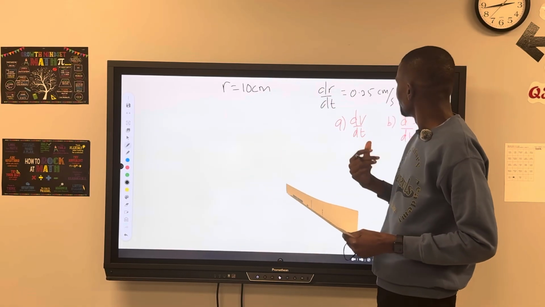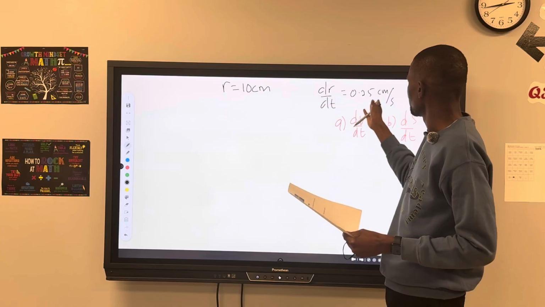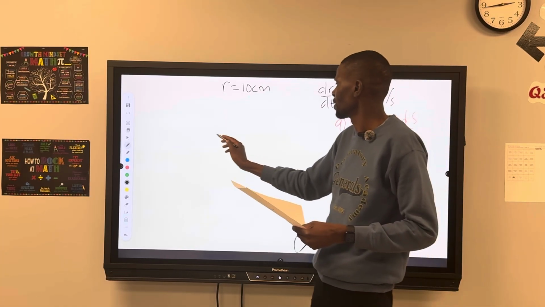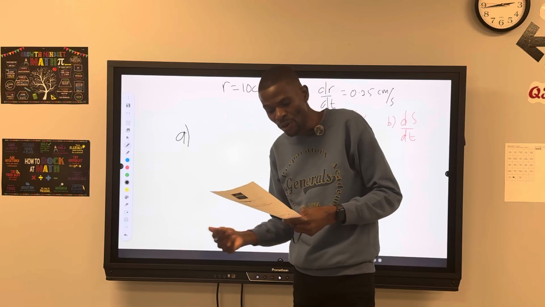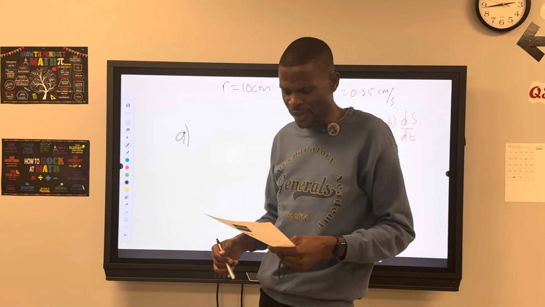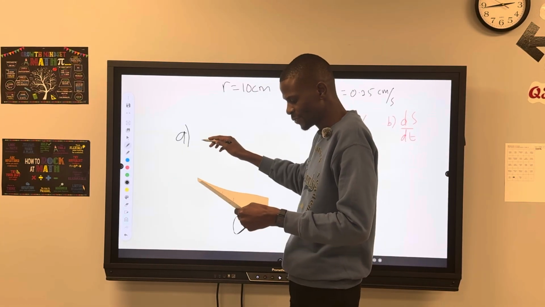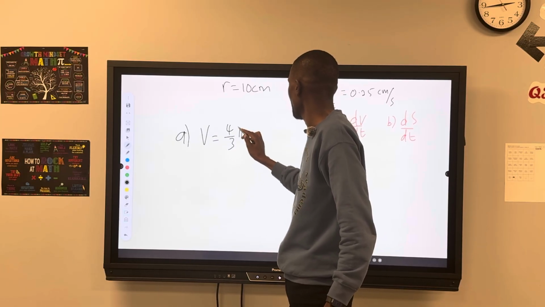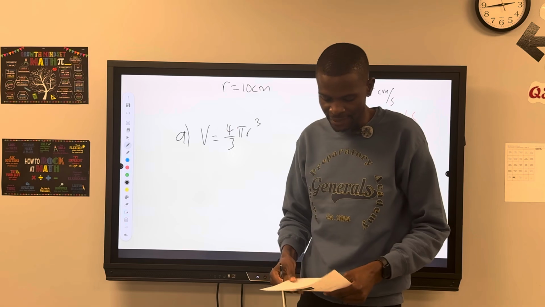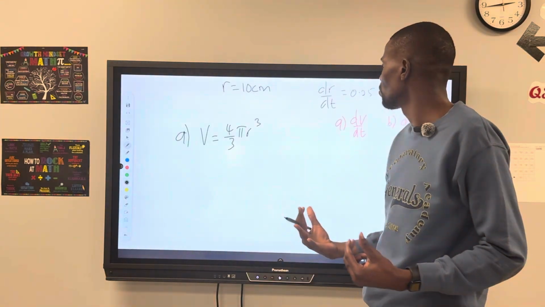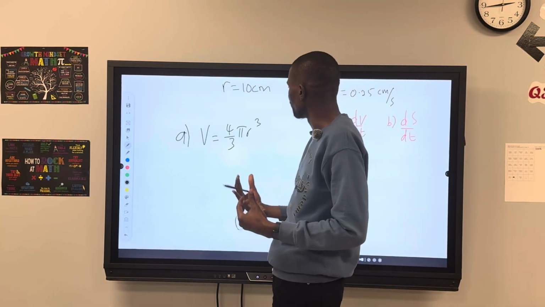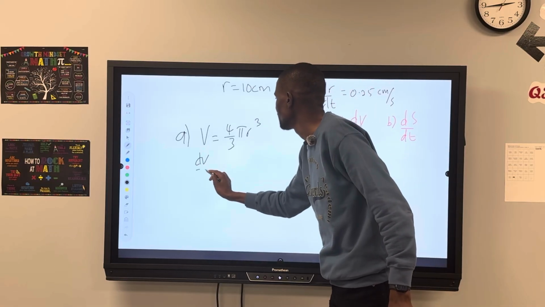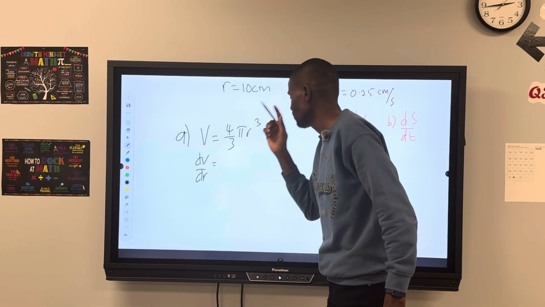So now let's start. We know that the rate of increase of radius with time is this, and we need to find our dV/dt, and it's now talking about the volume, right? We know that the volume of a sphere is 4/3 pi r cubed. First, we need to differentiate volume with respect to radius, so we need to find dV/dr.